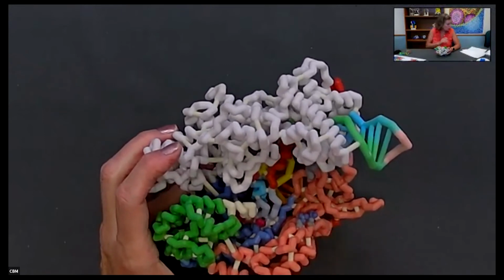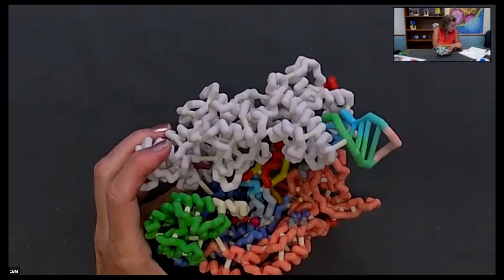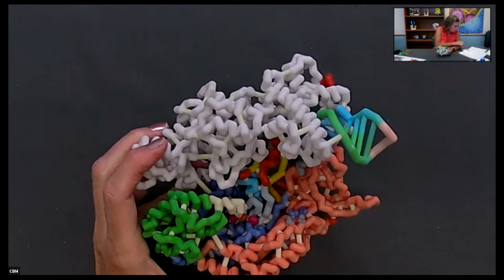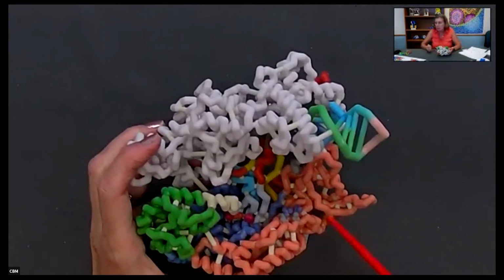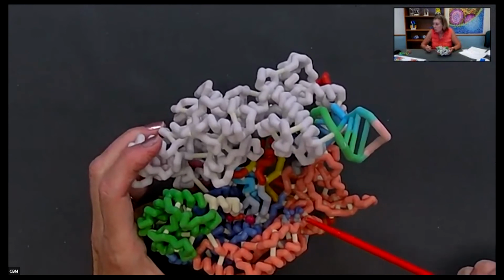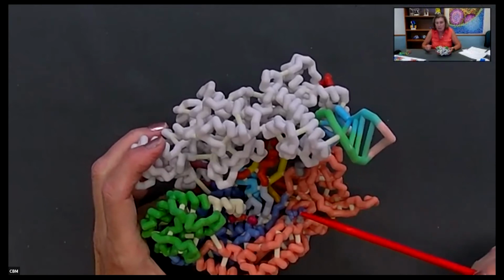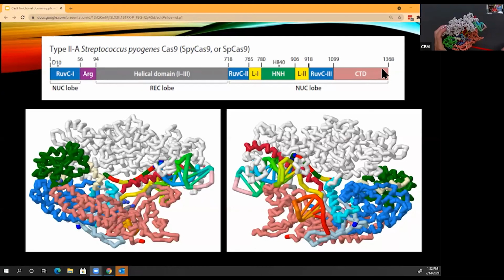To mark these down, they are arginine 1333 and arginine 1335. If you want to put that, it's in the C-terminal domain, and guess what those are for? I'm not going to tell you. I'm going to let you tell me.